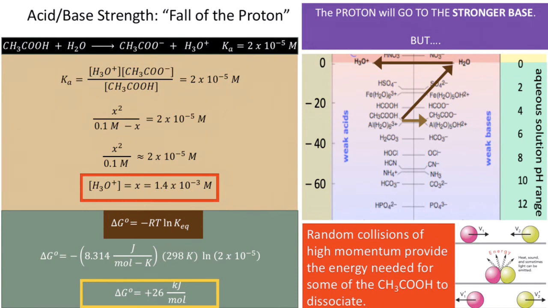And let's just verify that our delta G naught would be positive with our negative RT ln Keq equation. And we see when we plug in the numbers that delta G naught would be positive 26 kilojoules per mole. If we would have just used our diagram, we would see that the proton would be going uphill and that the distance would be approximately positive 26.